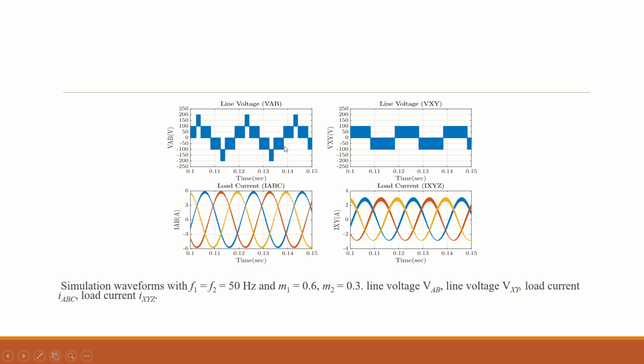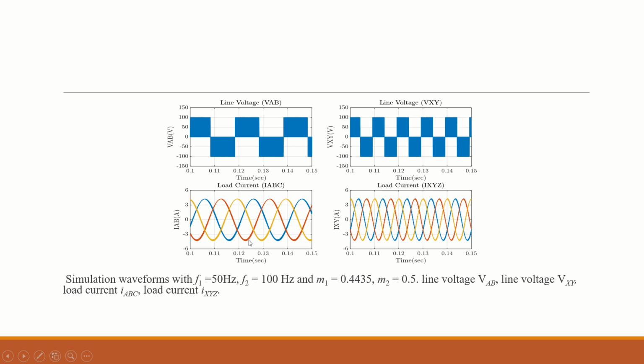If we see VAB and IABC, the frequency is the same but m1 is equal to 0.6, so the modulation index is reduced somewhat, so magnitude and current also reduce, and the levels of the voltages and current also reduce. In a similar manner, when m2 equals 0.3, the levels of the voltage also reduce, and the magnitude and current also reduce.